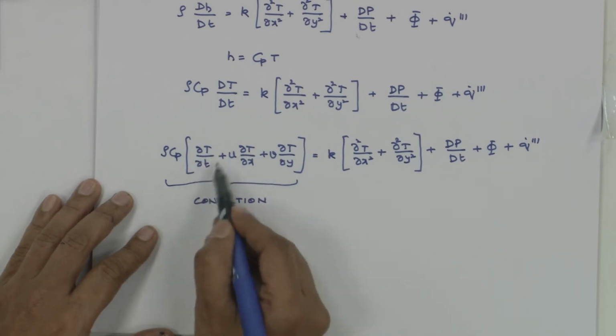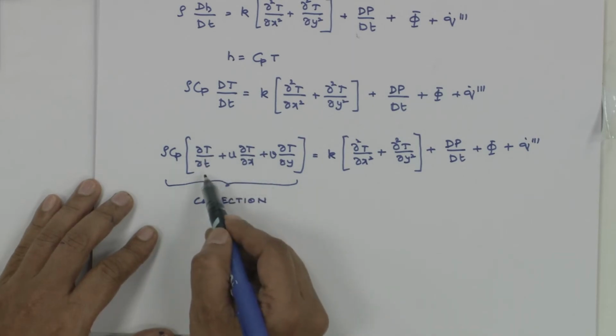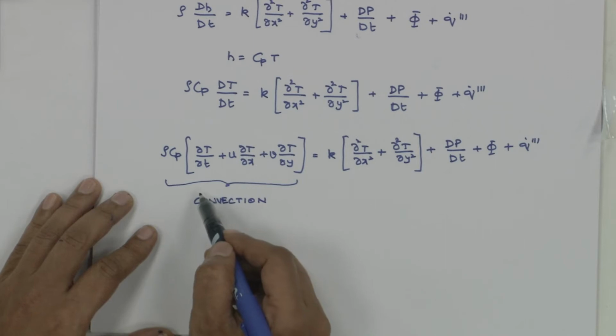Now, this is the unsteady term, that is del T by del t. What is happening? While I am entering, let us say I am hit with an ice box. So, temperature is changing with time because instantaneously someone has hit me with the ice. So, that is del T by del t. So, that is how I understand this term.